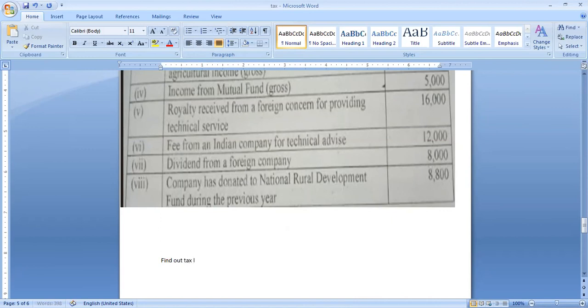Tax liability: if the book profit of the company is rupees 7 lakhs under section 115 JB. What is 115 JB? I will explain.